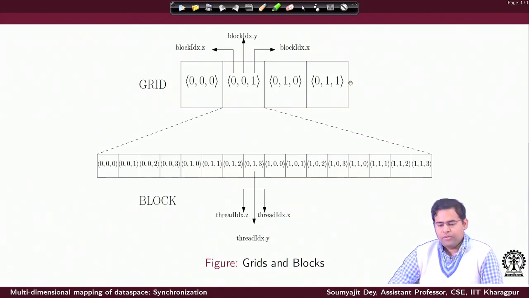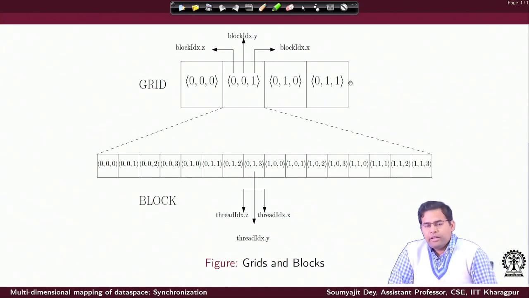I hope this is clear: how each thread can see the corresponding system variable values for it. That means if you are going to write a CUDA program, you can compute the actual position of a single thread among the sea of threads by computing a suitable expression made using these variables of threadIDX x, y and z and blockIDX.x, y and z.